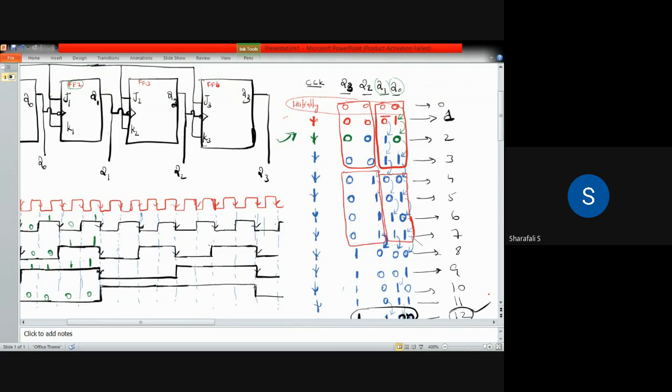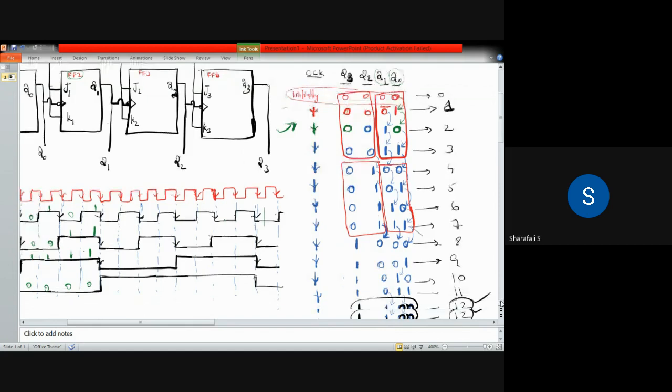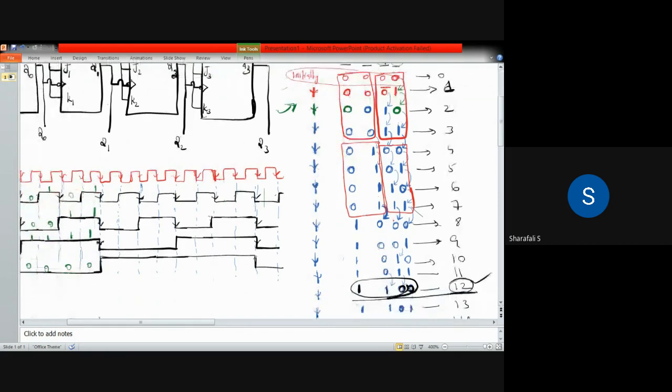Again, if you consider this up to 12, we have to consider, right? So 0 0 0 1 1 0 1 1. Here, oh okay, up to 11 only we have to consider, right? Not up to 12, because we are considering mode 12. So when it reaches this point, it has to go to 0. Only up to 11 we will get the number.